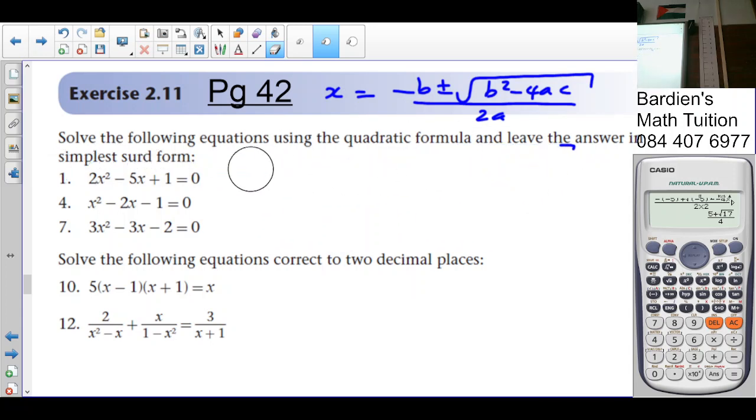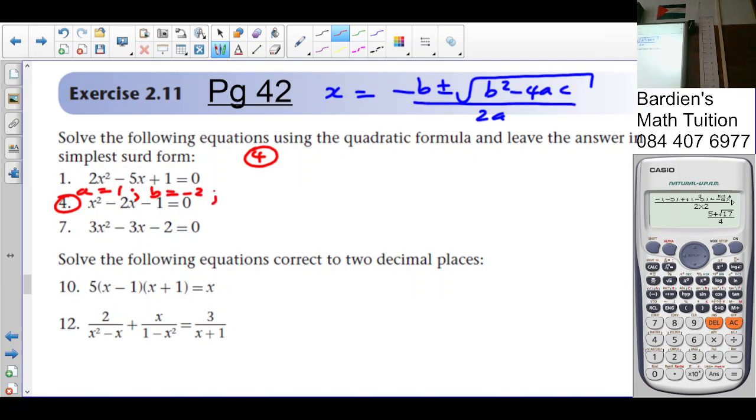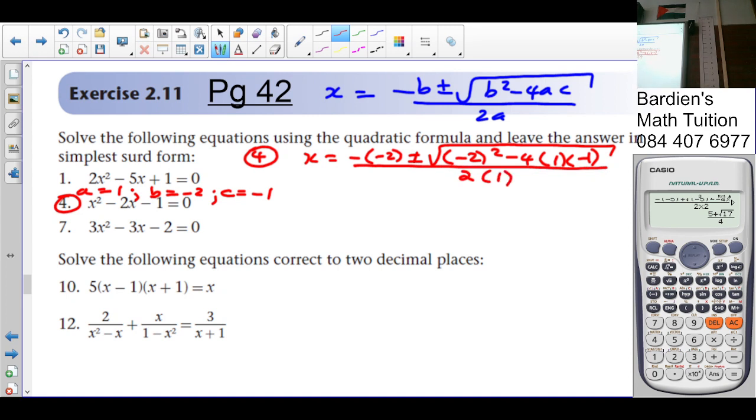Alright, let's look at number 4. So what's my a value in number 4? 1. My b value? Negative 2. And your c is negative 1. Okay? So that's going to be x is equal to minus b, so it's negative negative 2, plus minus the square root of negative 2 squared minus 4 times your a value, which is 1, and your c value, which is negative 1, over 2 times my a value, which is 1. Again, punch this in the calculator.